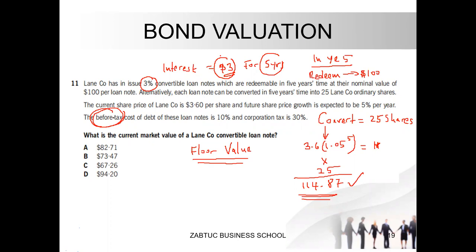We use the cost of debt and deduct the tax from the cost of debt, and work out the IRR with the interpolation calculation. And then you ignore the current share price.